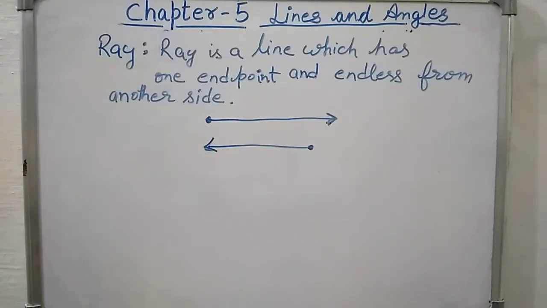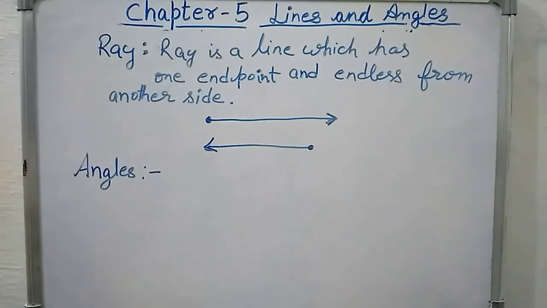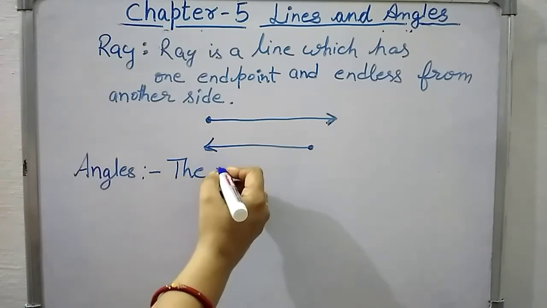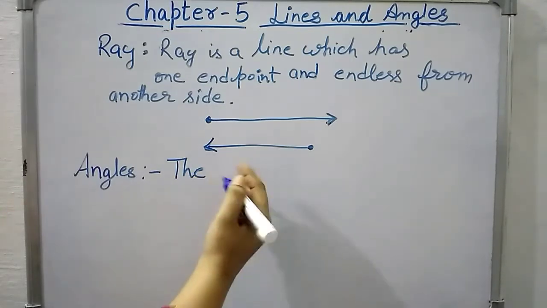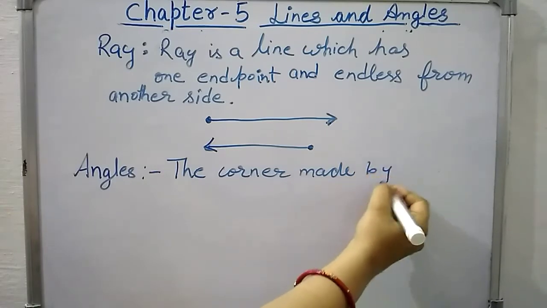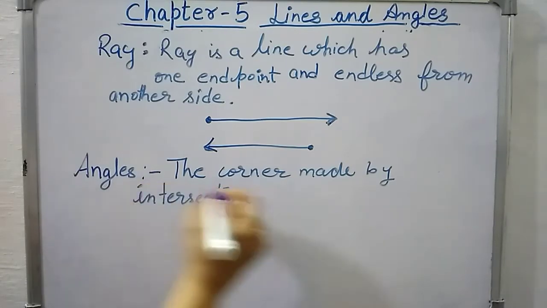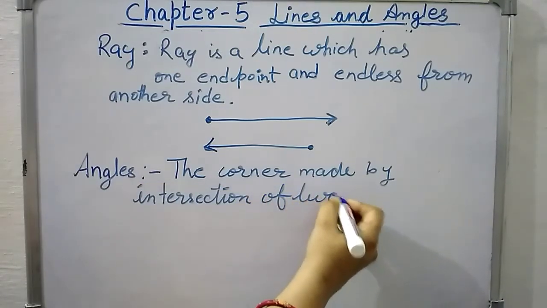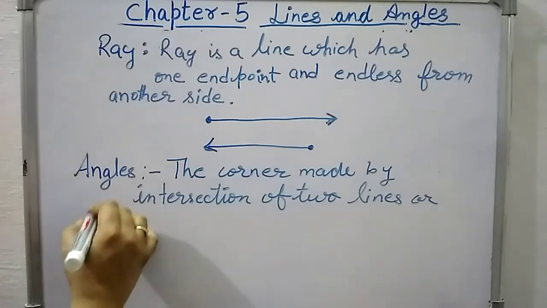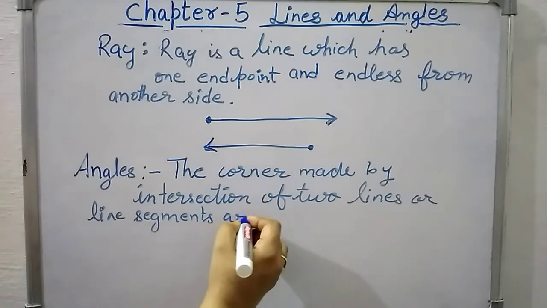Next comes angles. The corner made by the intersection of two line segments or lines is called an angle.